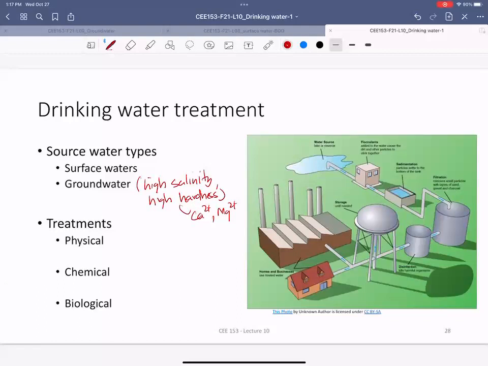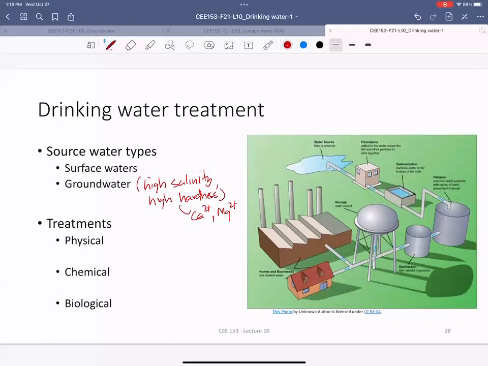So how do you treat those? If you are taking groundwater, mostly you have a hard water problem. And how do you know if you have hard water or not? Just look at your faucet. Your shower head will have lots of salt, a build-up of chalk or a lot of gooey stuff.